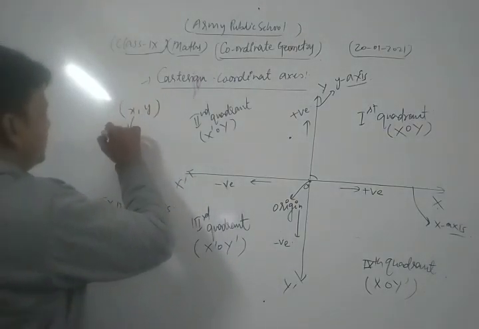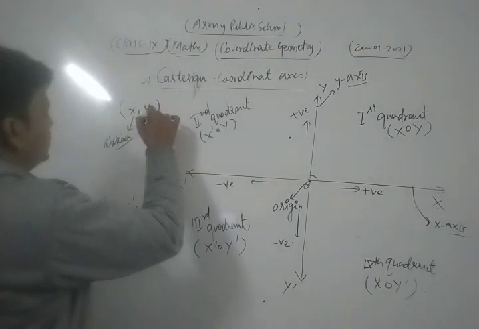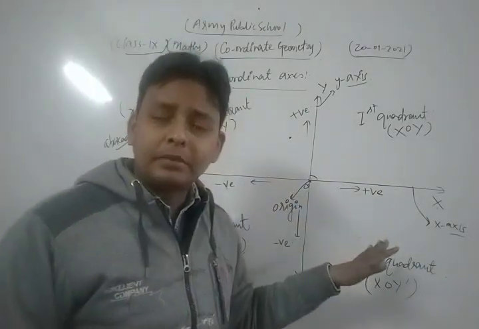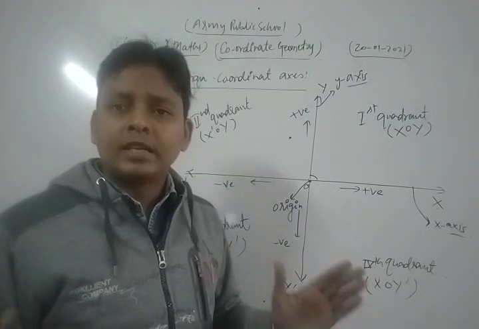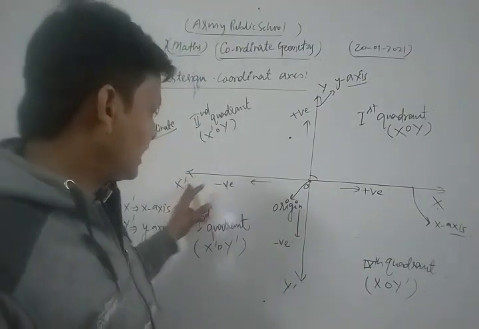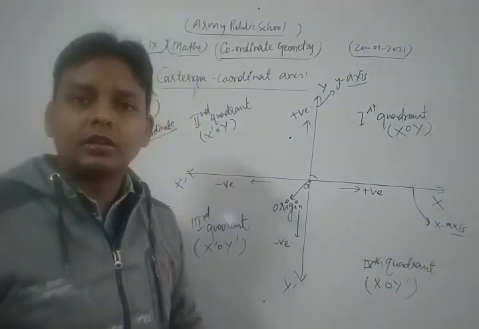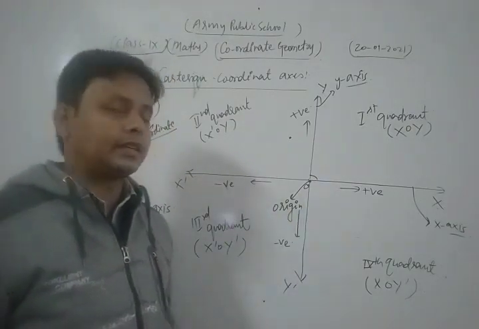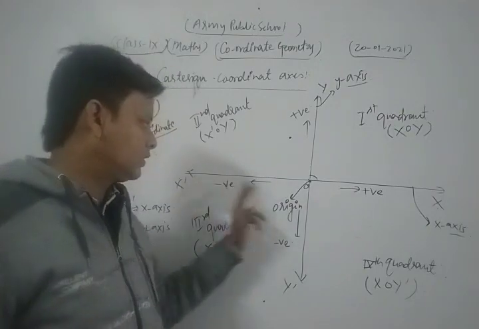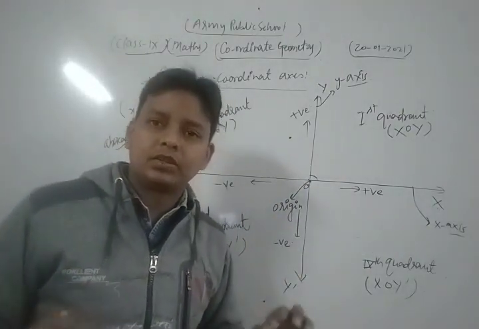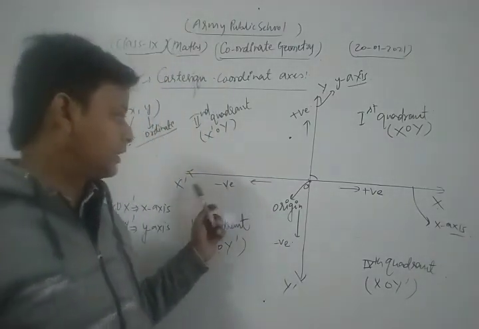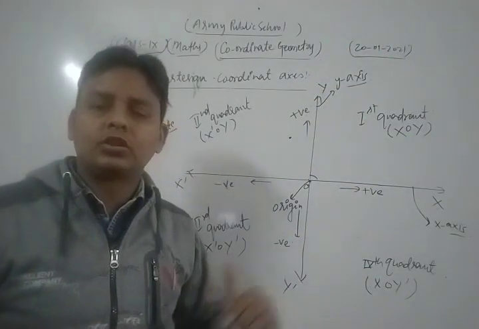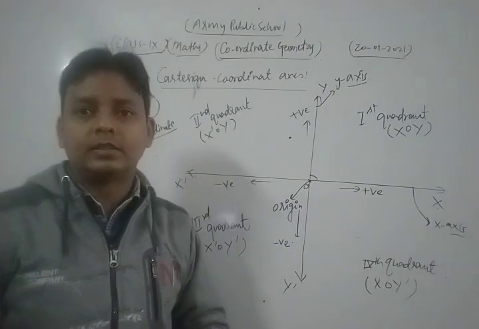Here x is known as the abscissa, and y is known as the ordinate. The abscissa is the set of all points which lie on the x-axis, X dash OX.